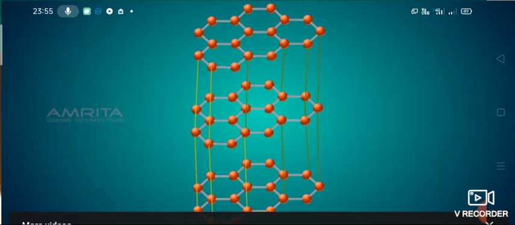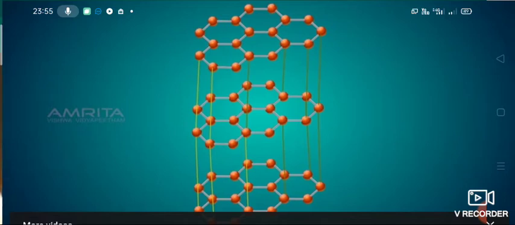When you see the properties of diamond, and the uses of diamond, it is used to cut rocks. It is because diamond is very hard.